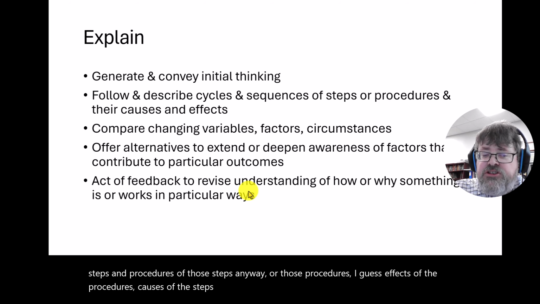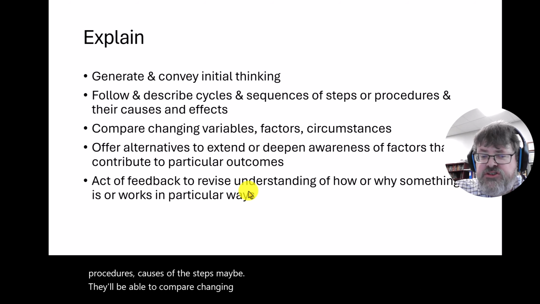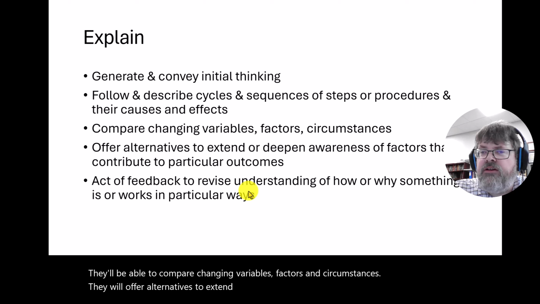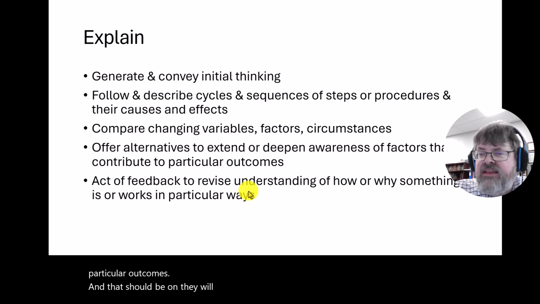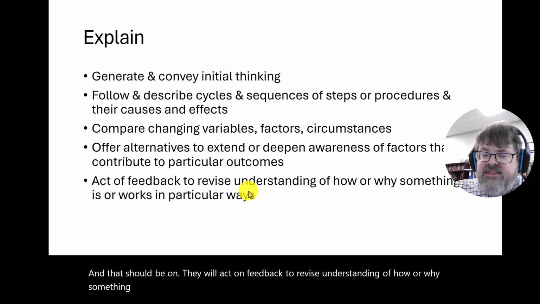They'll be able to compare changing variables, factors, and circumstances. They will offer alternatives to extend or deepen awareness of factors that contribute to particular outcomes. They will act on feedback to revise understanding of how or why something works in a particular way.